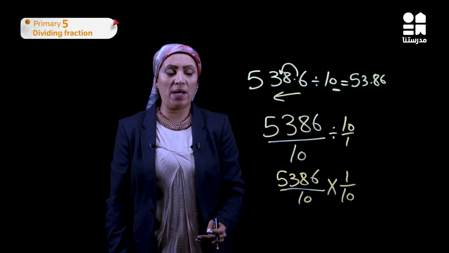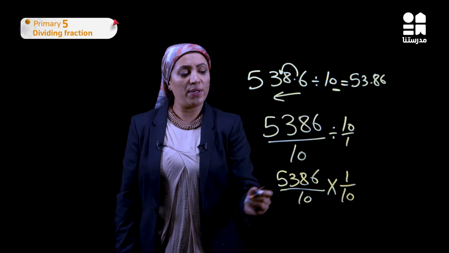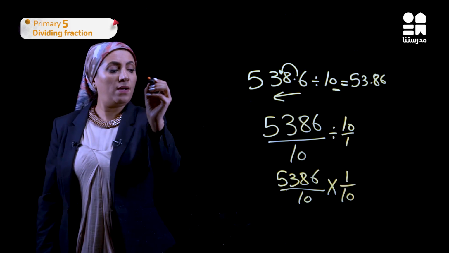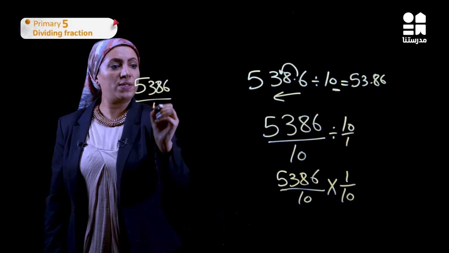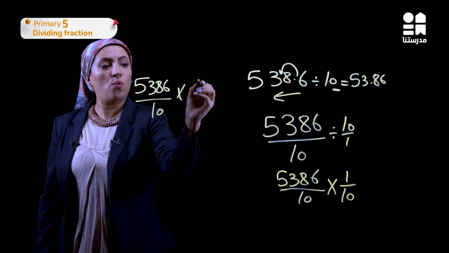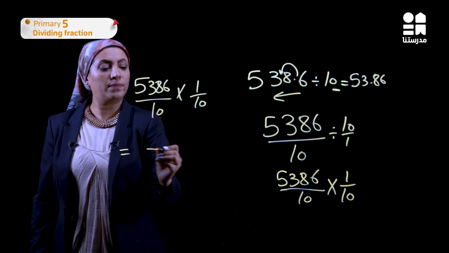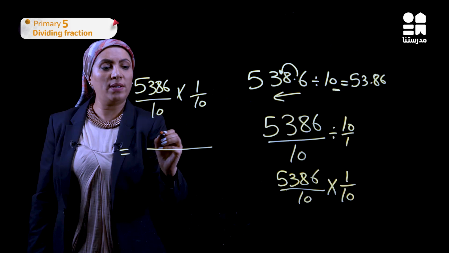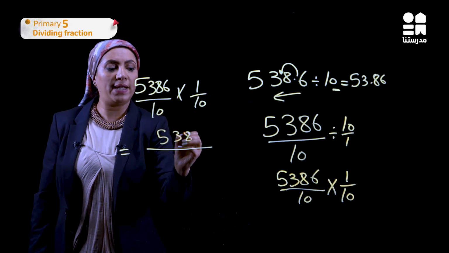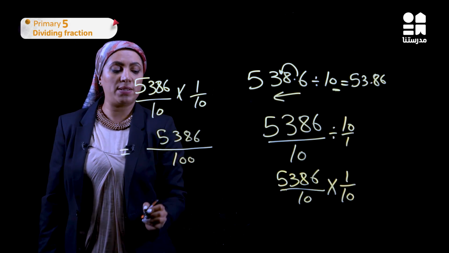Now I multiply the fractions that I have by each other. So here, 5,386 over 10 times 1 over 10 equals 5,386 times 1 is 5,386. 10 times 10 is 100.